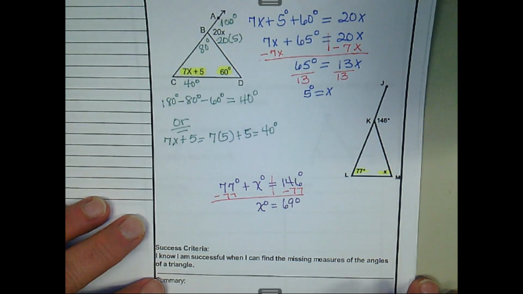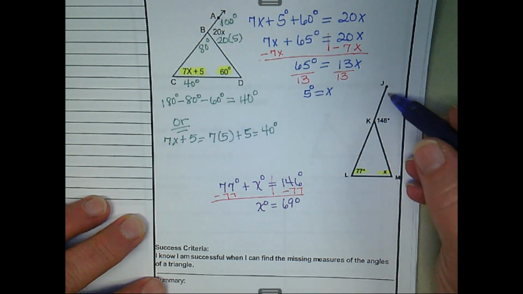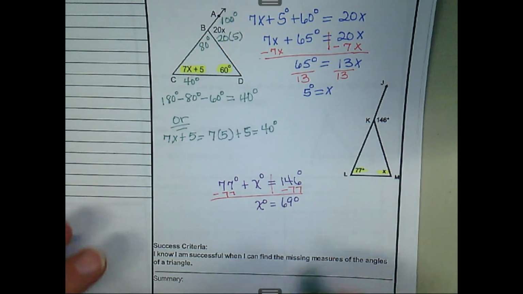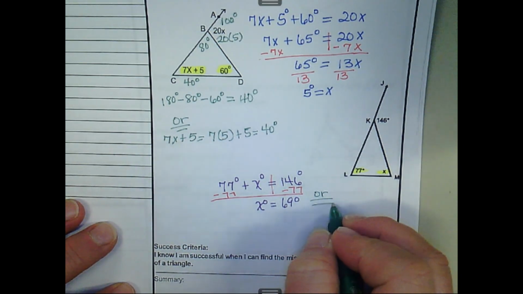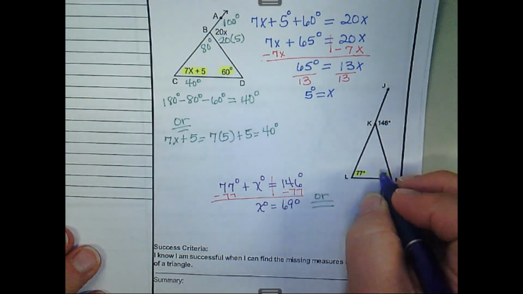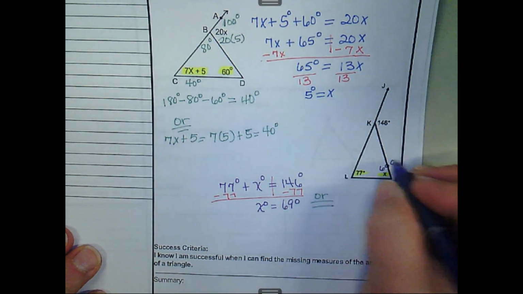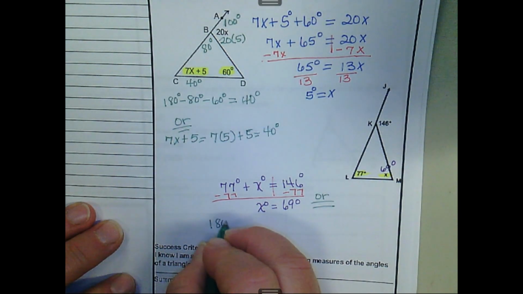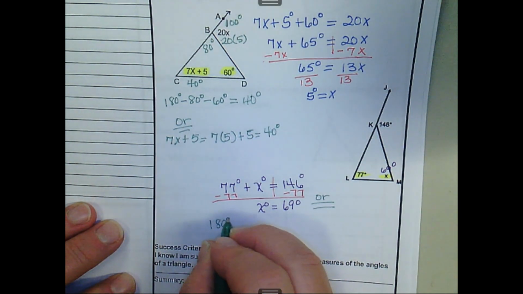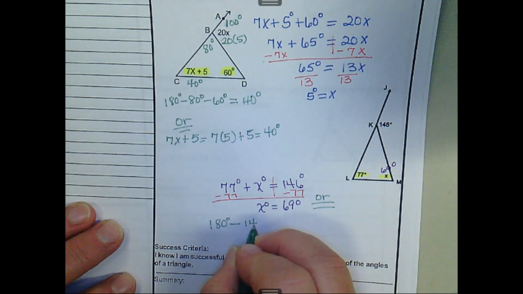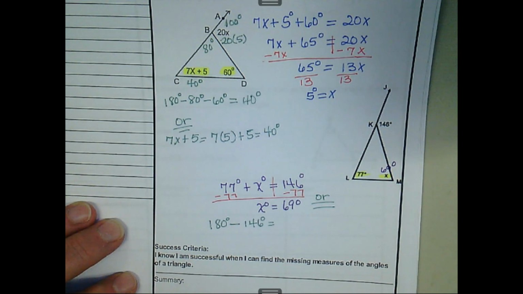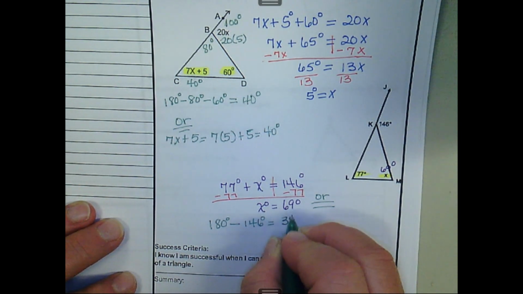Is that the only way I could have done it? No. I could have used the fact that I've got a linear pair here. 180 degrees minus 146 degrees. And I would get 34 degrees.